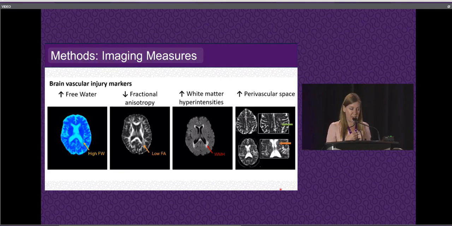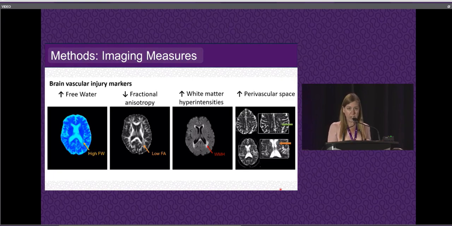White matter hyperintensity is a more renowned marker associated with small vessel disease and likely represents the most advanced stage of white matter degeneration. And perivascular space is a fluid-filled compartment around the blood vessel. So higher levels of free water, white matter hyperintensities, or perivascular space, or lower levels of fractional anisotropy, each indicate an increased amount of vascular injury in the brain.